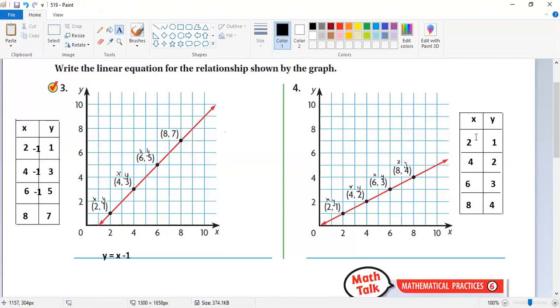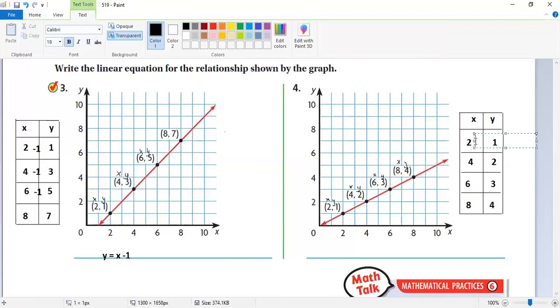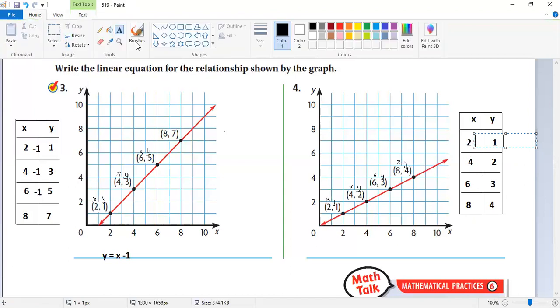So if it's not minus, it has to be divide. So 2 divided by what will give you 1? I cannot use the division sign here, so I will use the pencil. 2 divided by 2 will give me 1, right?